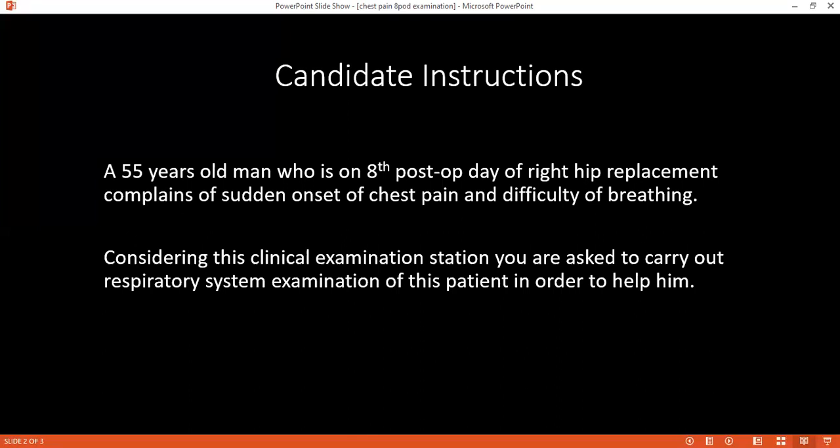On ECG, there is going to be S in lead 1, Q in lead 3, T inversion in lead 3, and tachycardia, increased heart rate. Yes, and T-wave inversion.